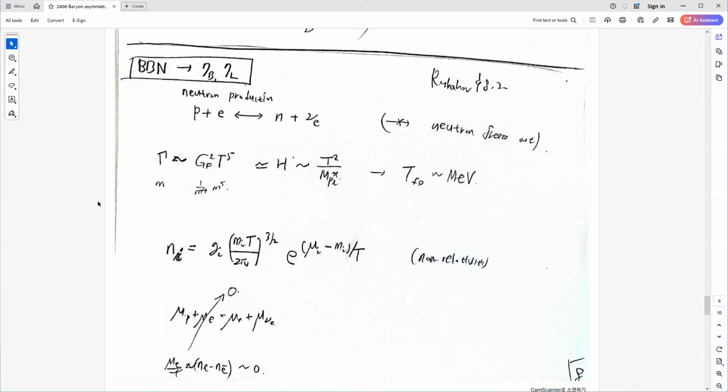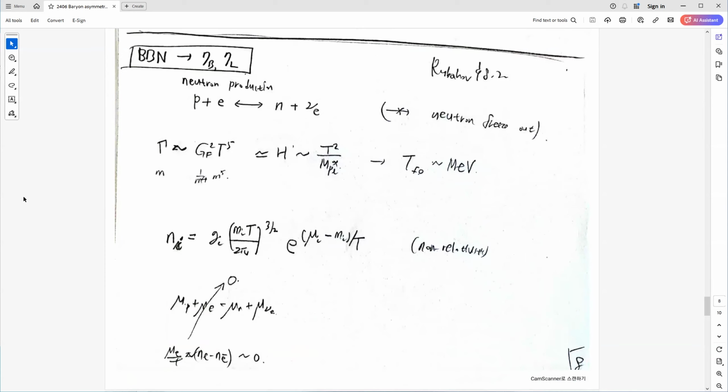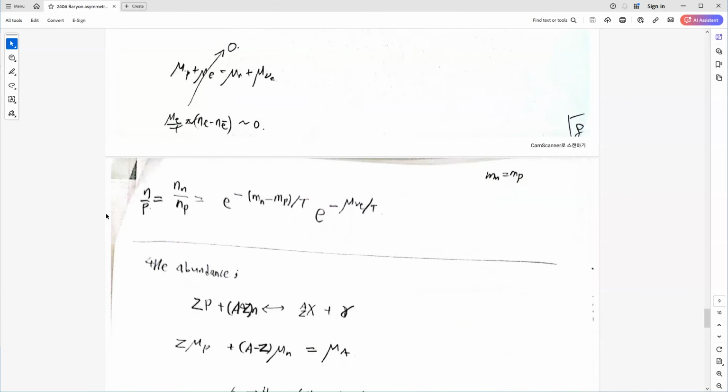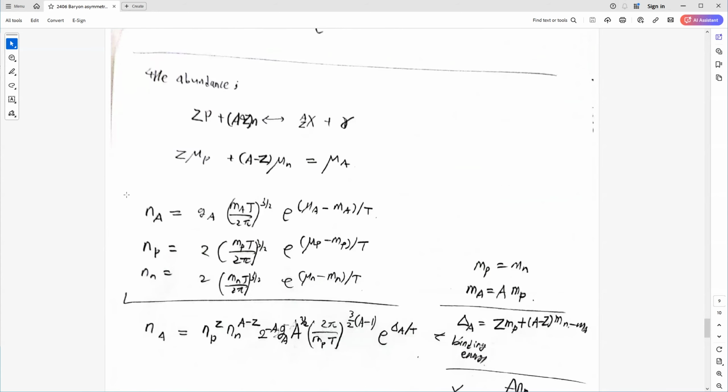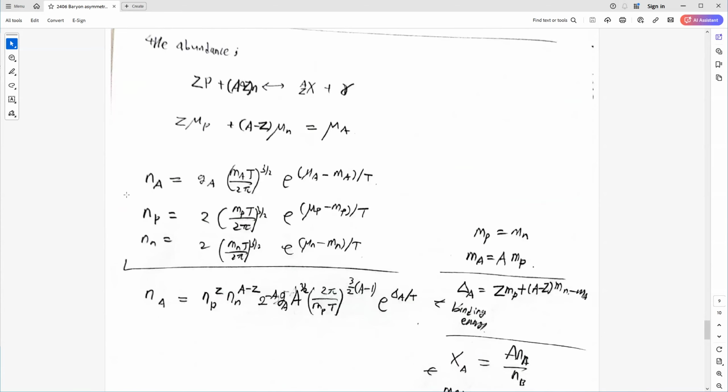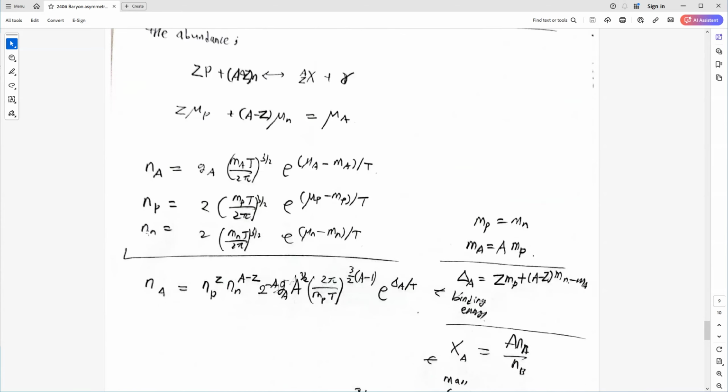So in BBN, we can use the non-relativistic number density here. And I will skip some details here for BBN. So there are some formulas for BBN. The ratios of the neutron, the proton and the helium-4 abundance can be obtained from the number densities for the proton, neutron, and the nucleon.